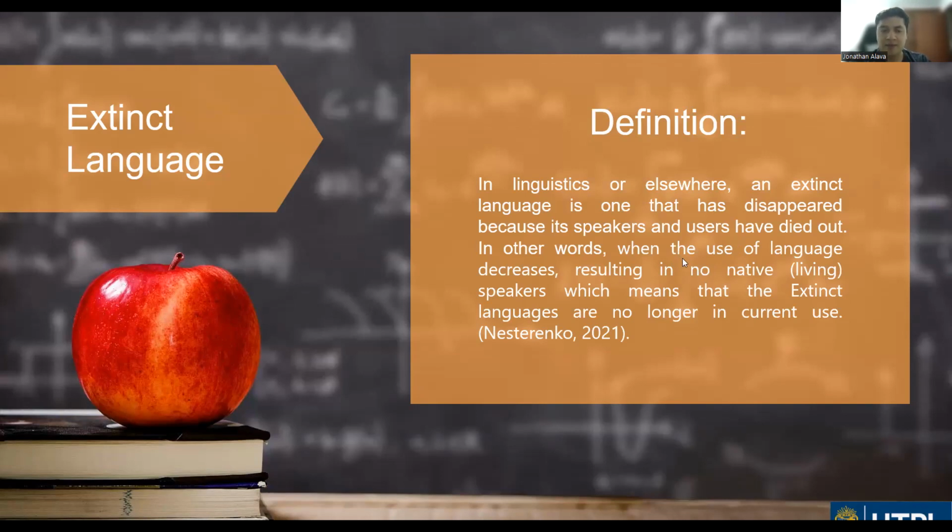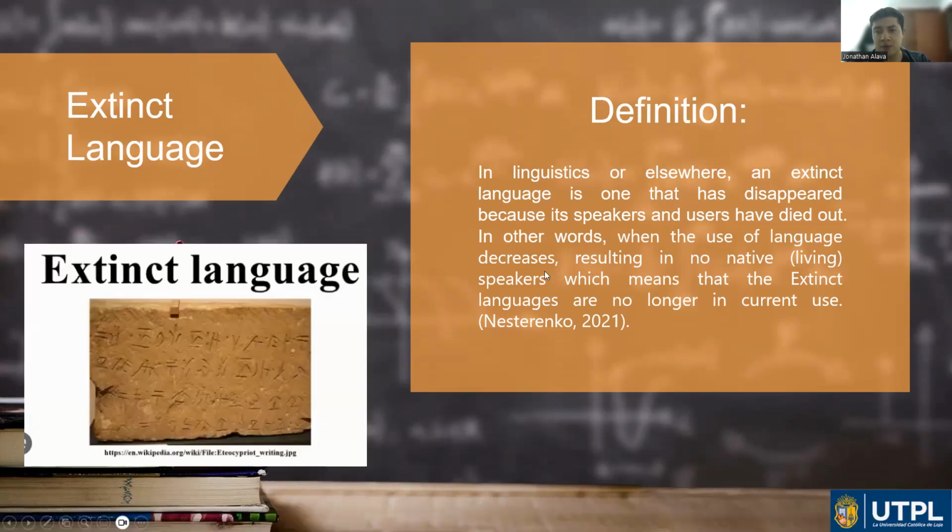This can be the case for small locally spoken languages that die out, but it's also true of many ancient languages that we just don't have the information we need to learn, of course. In those cases, all we have are a few surviving fragments, and the rest is lost forever. In other words, as our tutor said, when the use of a language decreases, resulting in no native living speakers, it means that extinct languages are no longer in current use.